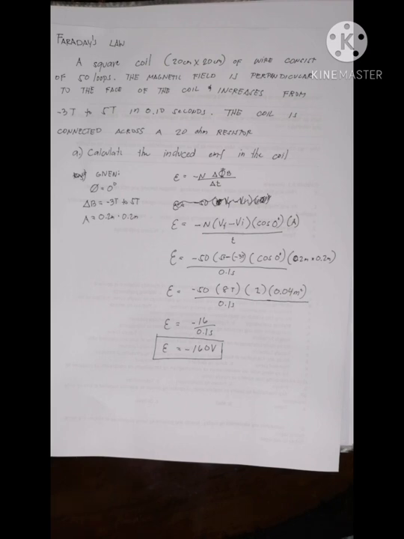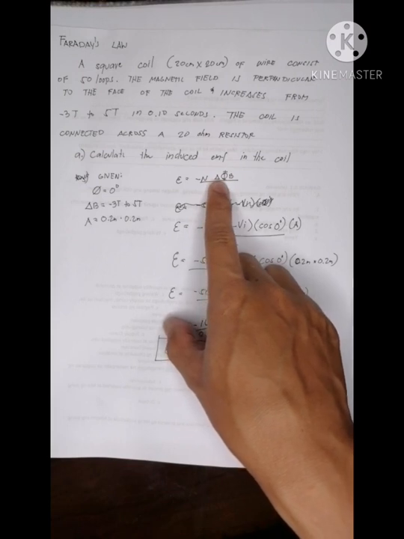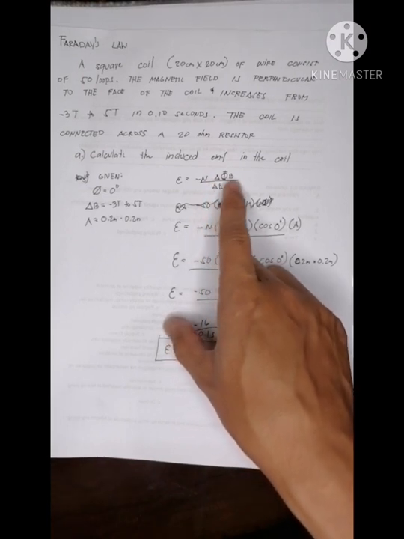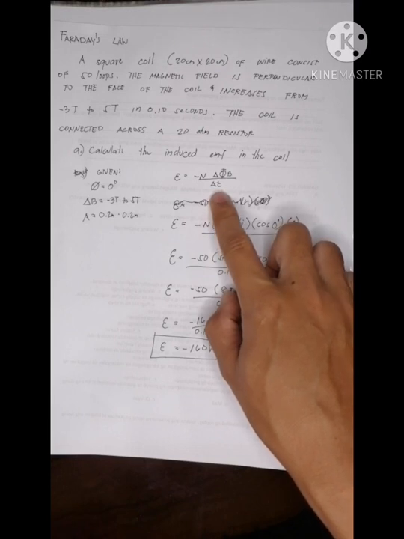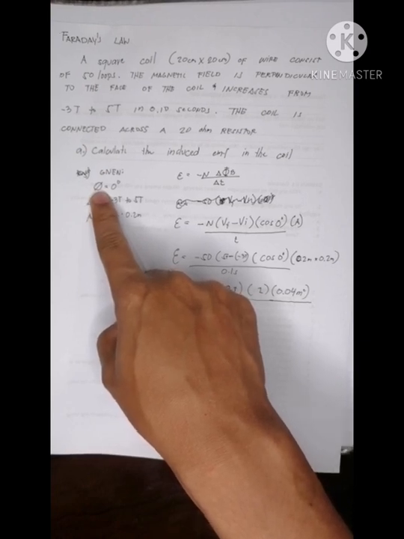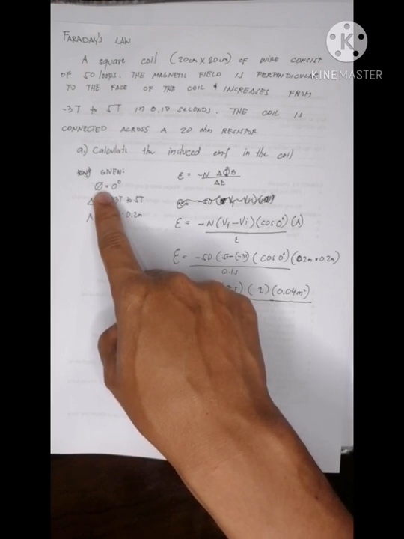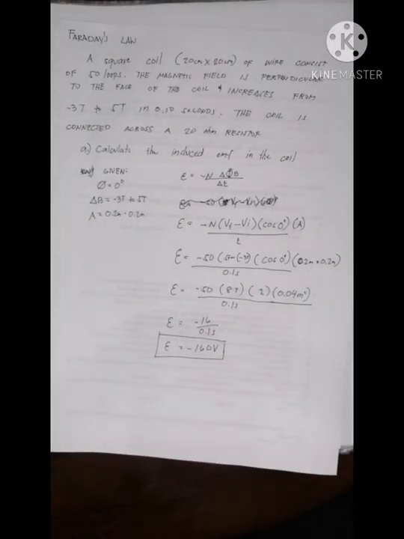To get our electromotive force, we have the formula: electromotive force is equal to the number of loops times the change of our magnetic flux over the change in time. Now, we are given that the angle of our magnetic flux is 0 degrees. The change in our magnetic field is from -3 Tesla to 5 Tesla.